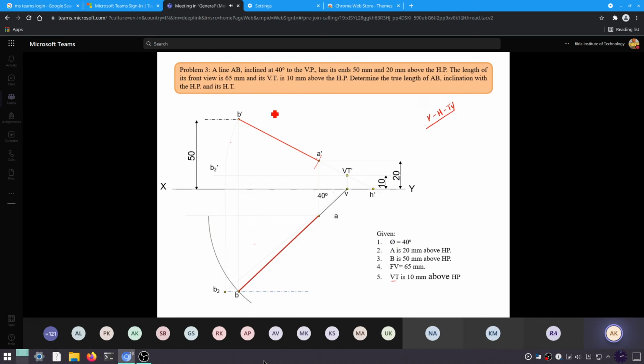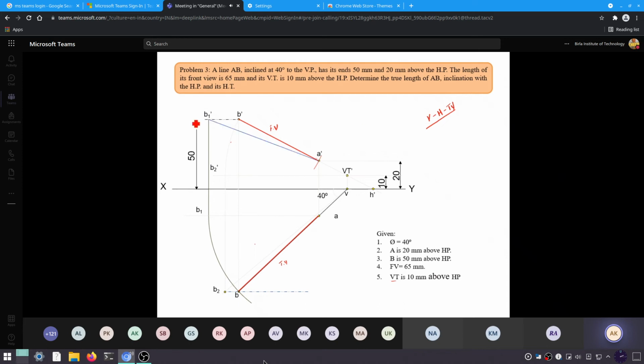So once we get this, this is the front view, this is the top view. Then we can find the true value B1 dash.